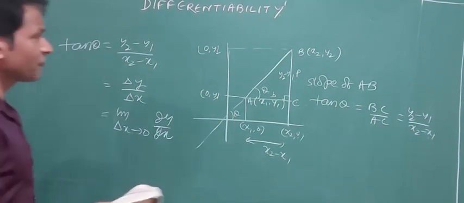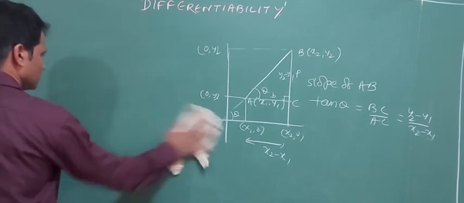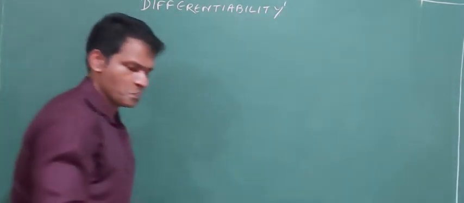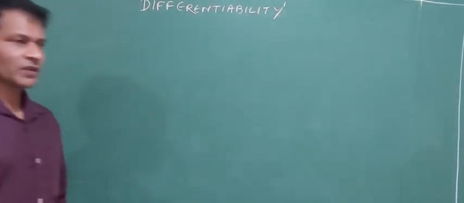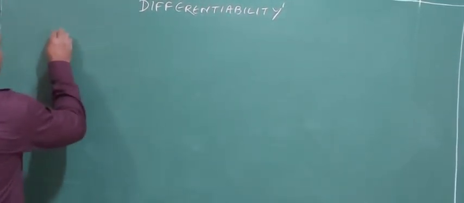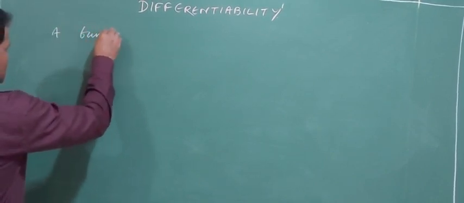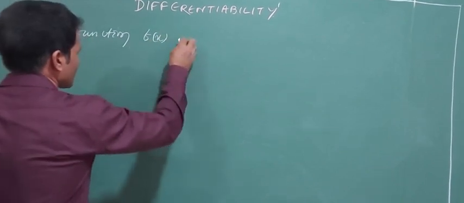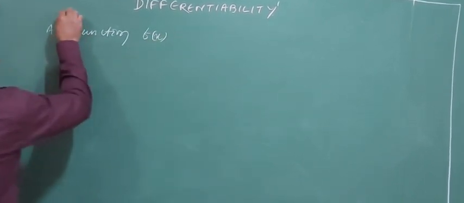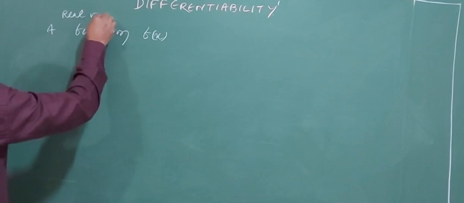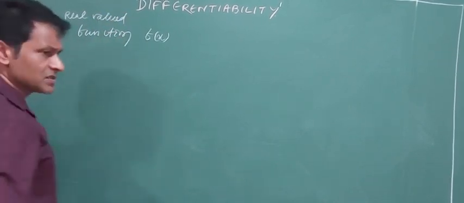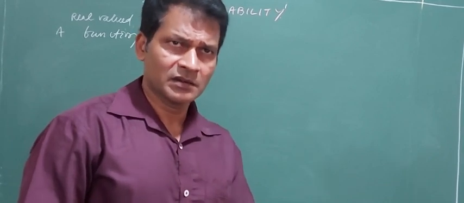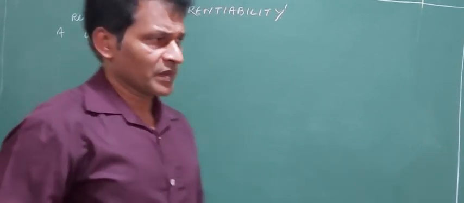Then comes what is differentiability. This dy by dx, what we have written, that is derivative. Now, a function f(x) can take a real valued function. The word real valued means the outcome is a real number. It is not infinite. It is not indeterminate form.